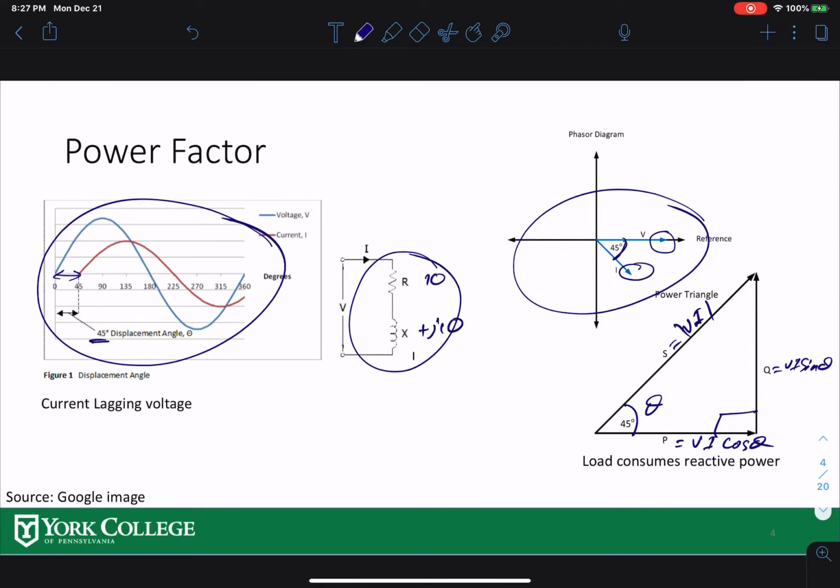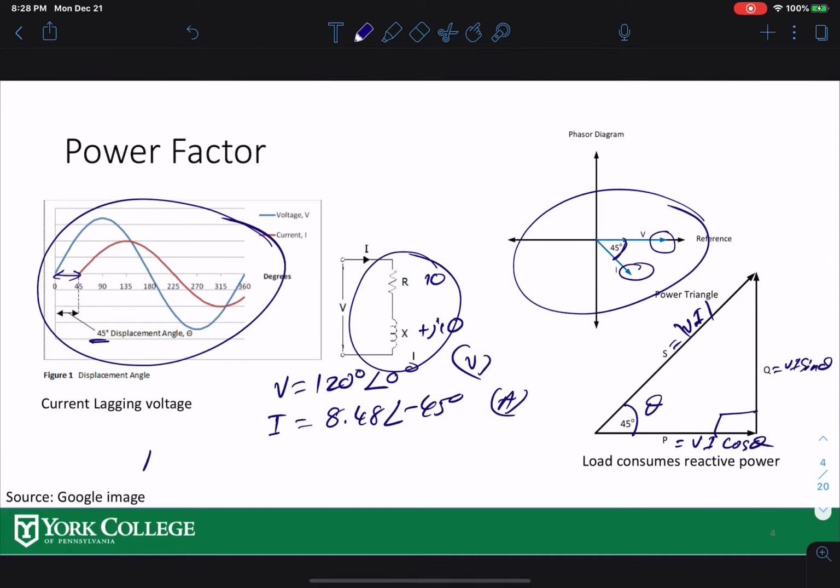At a 45 degree angle, let's say your voltage is 120 at 0 degrees. Your current, going back to the same example, is 8.48 at negative 45 degrees. This is amps, and this is voltage.